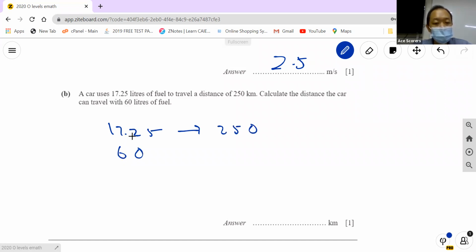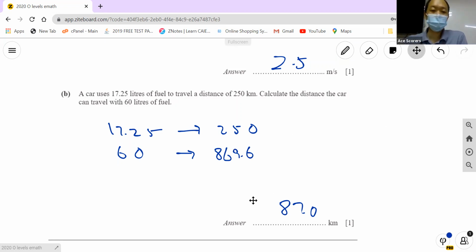Yeah, this divided by this times, equals 60 divided by 17.25. Wait, this, yeah, times this, you get 870. Okay, rounded off is 870. Actual number is about 869.6.